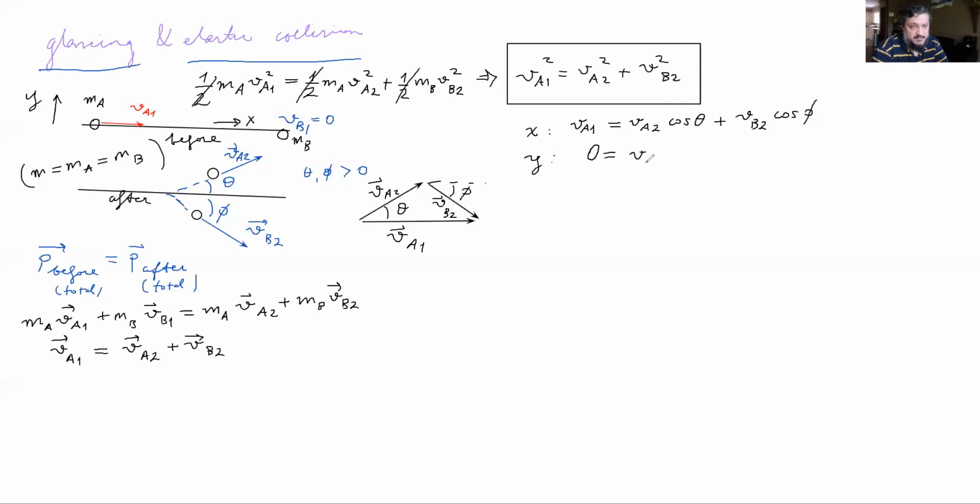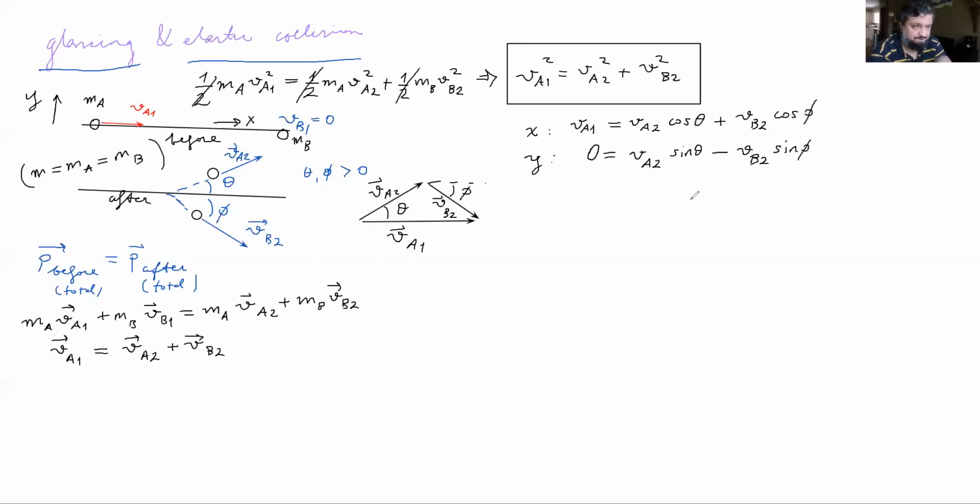So VA2 sine theta, and VB2 will have a negative component. Okay, I'm using sine, well, phi is positive, but the y component points in the negative direction. Therefore, VB2 sine phi.